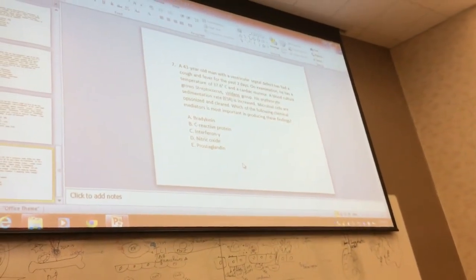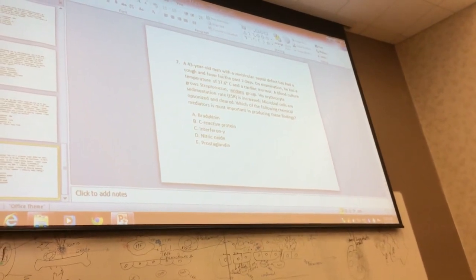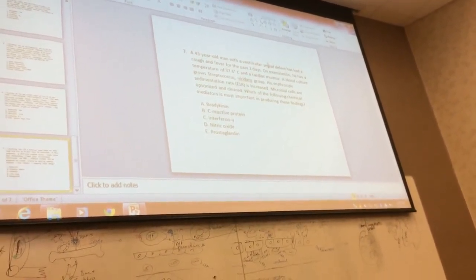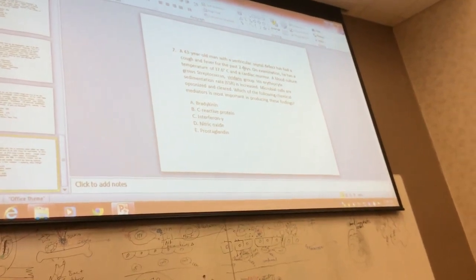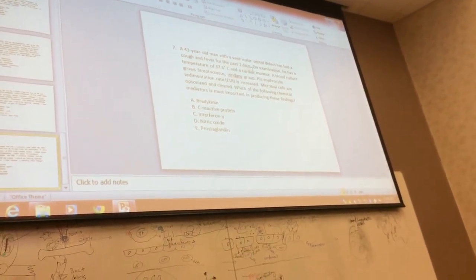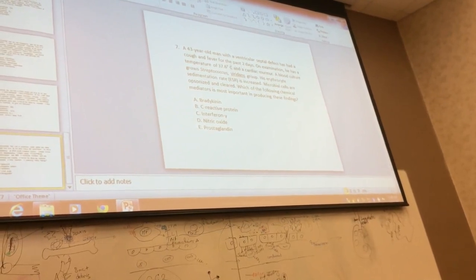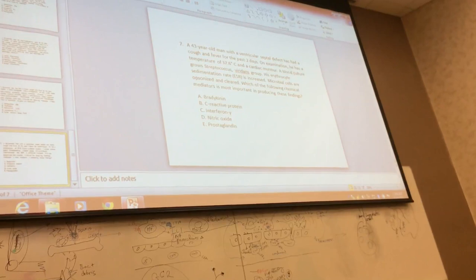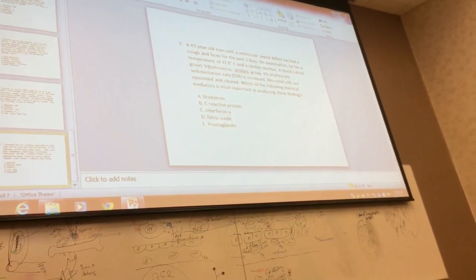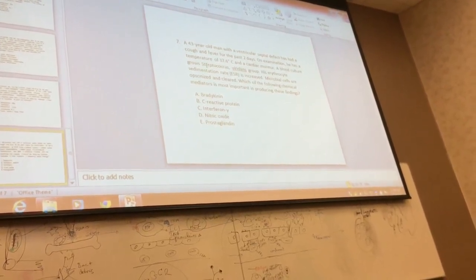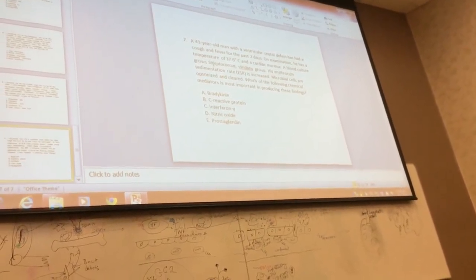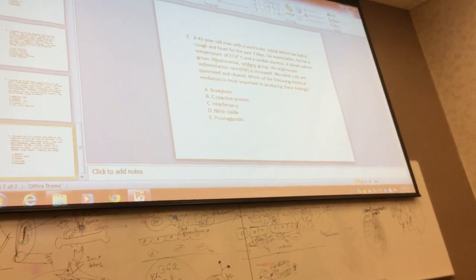And the last one, again, more mediators. This is a 42-year-old man with some septal defects, but he develops cough and fever for the last couple of days, mild increase of temperature, and a blood culture grows Streptococcus viridans. Dr. Miller probably will talk about that. He has an infection, probably of a heart valve.